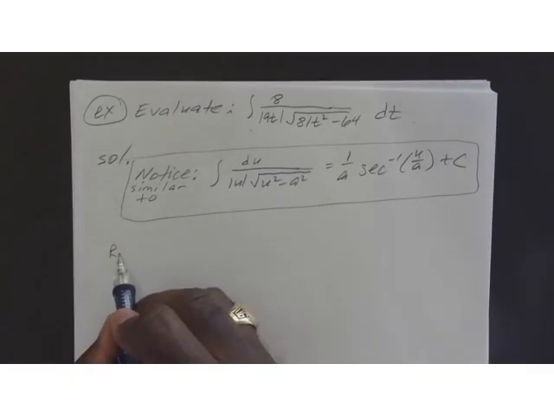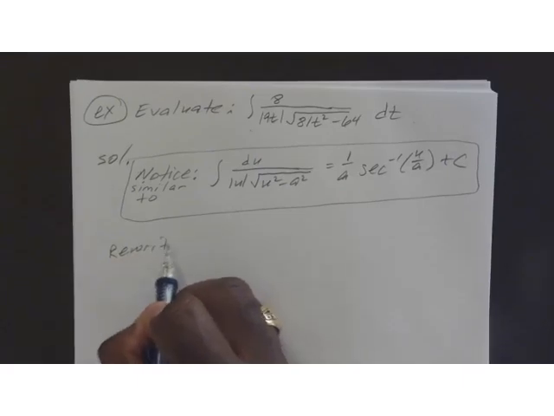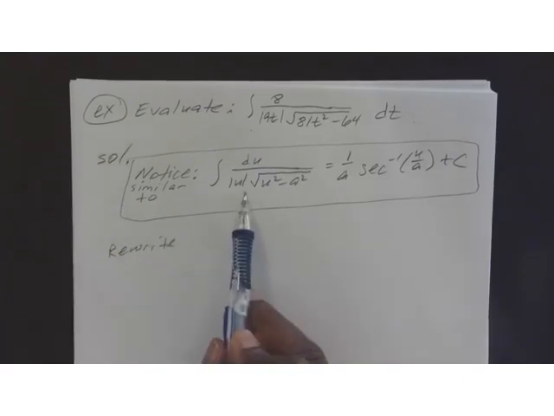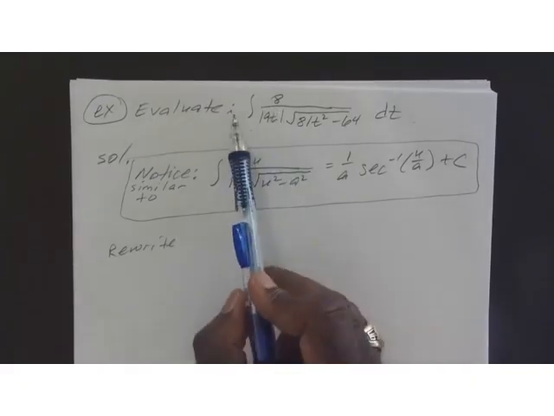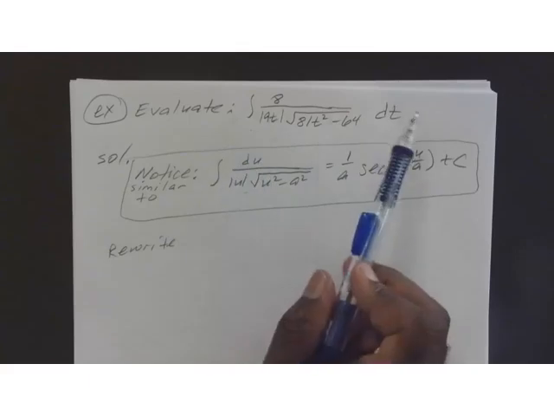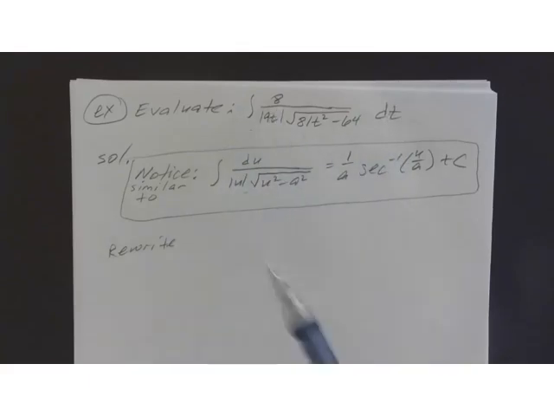Okay. So first, we're just going to rewrite it to where it matches this one. That 8, I'm going to go ahead and factor that out to the front, and that dt, just going to move that up there.